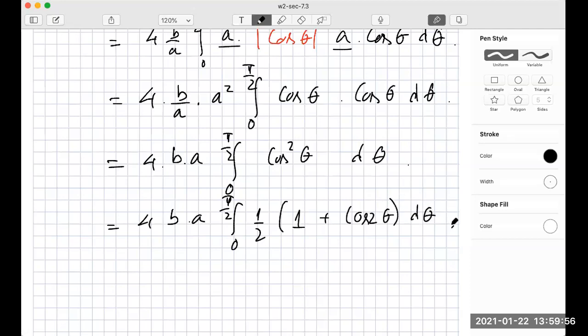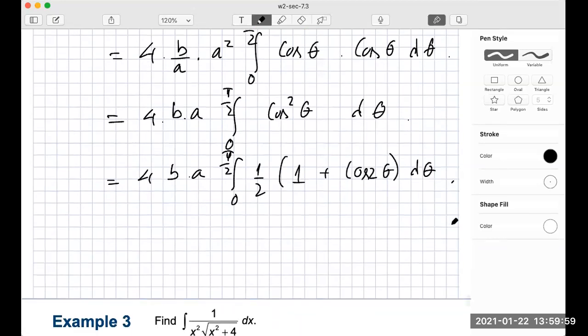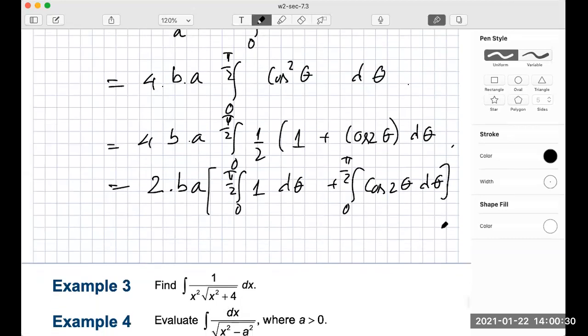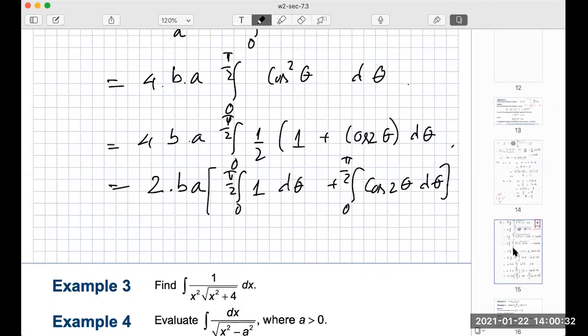Double check the formula for me. Plus, yeah. If it is sine squared, then it should be a negative sign. So just memorize, please. Again, the constant number 1/2 here, you can take it out, and 4 times 1/2 gives us 2ba. Very good. Here, this is integral from 0 to pi over 2 of 1 d theta plus integral from 0 to pi over 2 of cosine 2 theta d theta, right? Then, what is it?